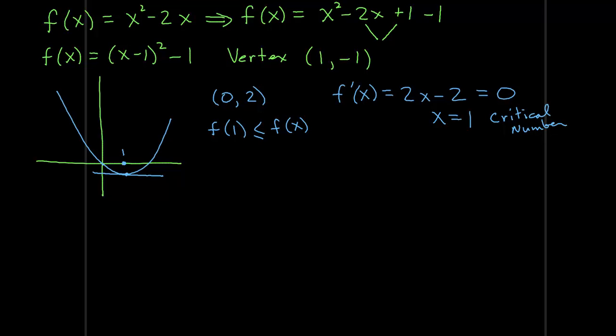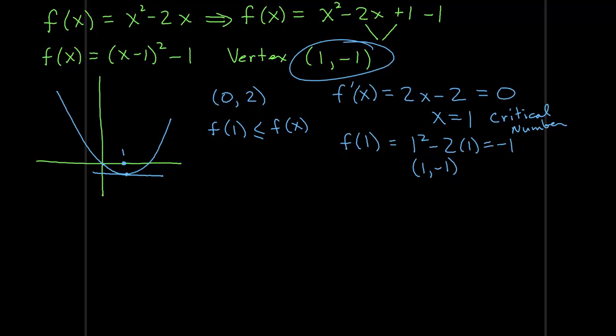Now, critical numbers can also occur, remember, when the first derivative is undefined. So wherever the derivative is 0 or undefined, we say that's a critical number. So notice then if I plug that 1 back into the original function, I get 1 squared minus 2 times 1, which is negative 1. And so I found that the point 1, negative 1 is the vertex, just like I did here. So that's what we discovered with calculus.